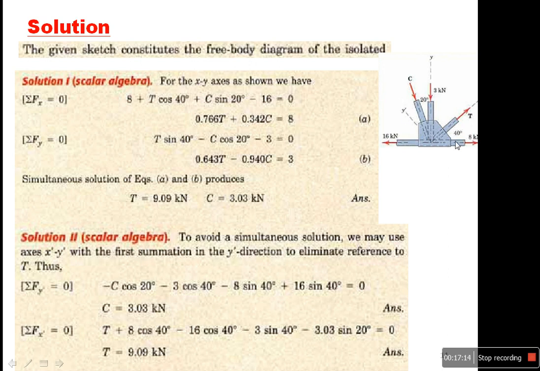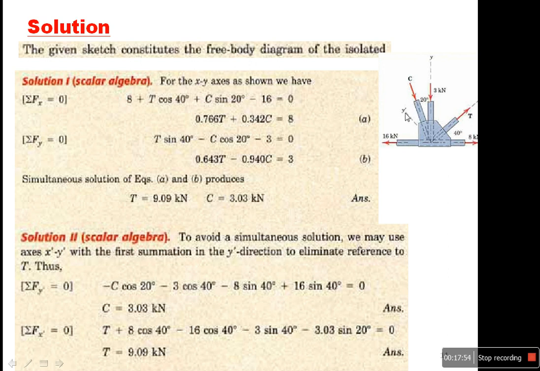Now you can see here, this angle is 40, this one is 50, so due to this being 50, that means this angle is equal to 40. Due to this angle 20, this angle is 20 as well. Now I'm talking about summation of all forces in y dash equal to 0. Now you can see C cosine 20, I'm talking about this angle.